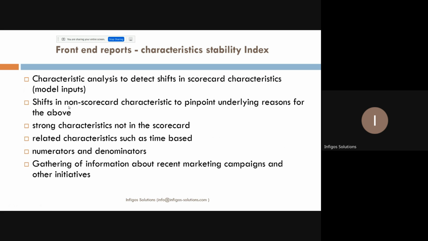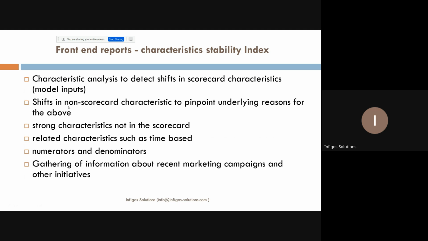This particular analysis is called characteristic stability index. Characteristic analysis to detect the shift in the scorecard characteristic or variable or model input. Or you might want to figure out some of the non-scorecard variables that could be the reason.